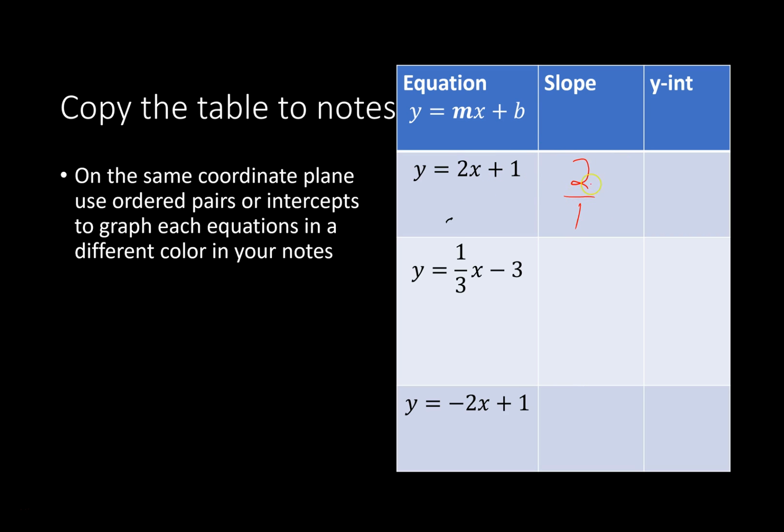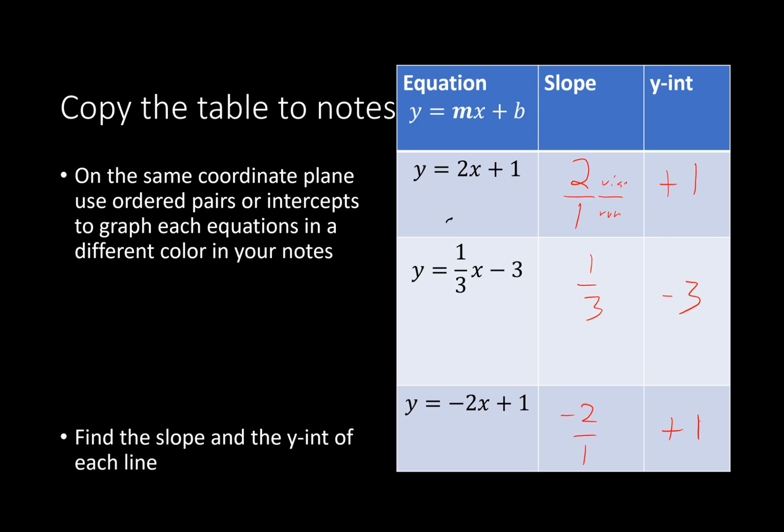Technically, that's 2 over 1 would be my rise over run. And my y-intercept is going to be a positive 1. So in this case, my slope is going to be 1/3, and my y-intercept is going to be negative 3. Negative 2 over 1, technically, and positive 1.